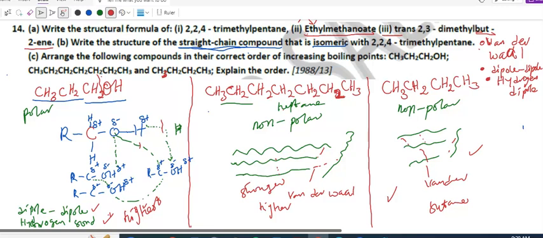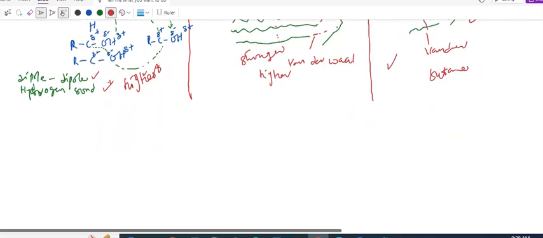So if I'm to arrange these in order of increasing boiling point, our propanol, is it propanol or pentanol? Our propanol has the highest boiling point, followed by the heptane, then followed by the butane.